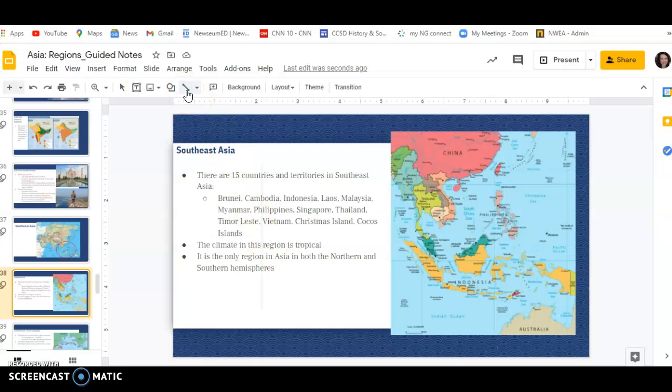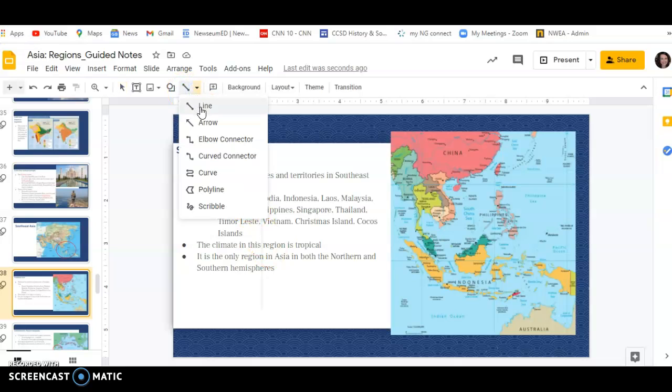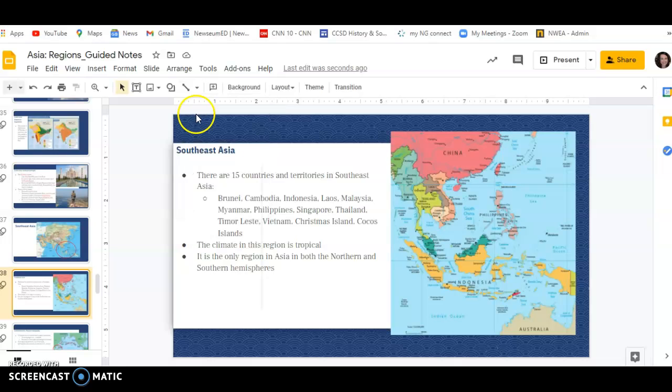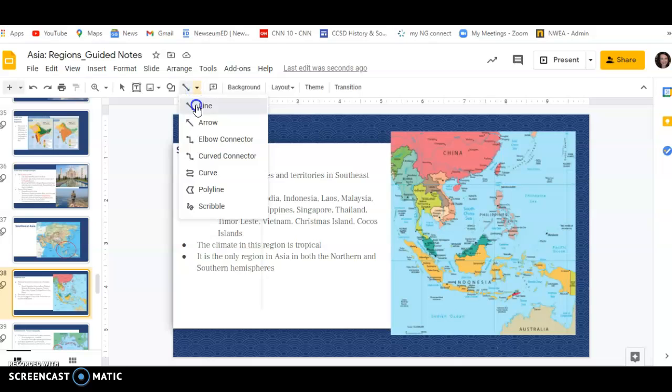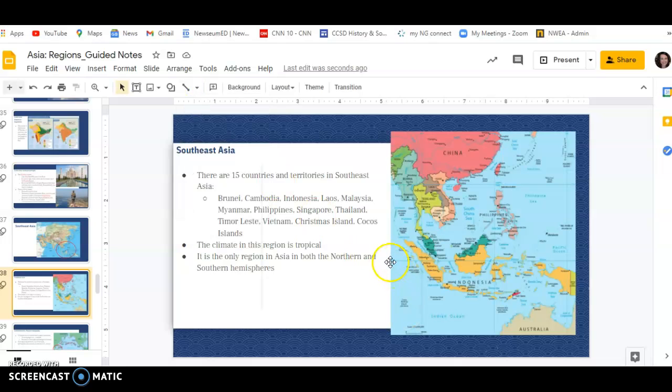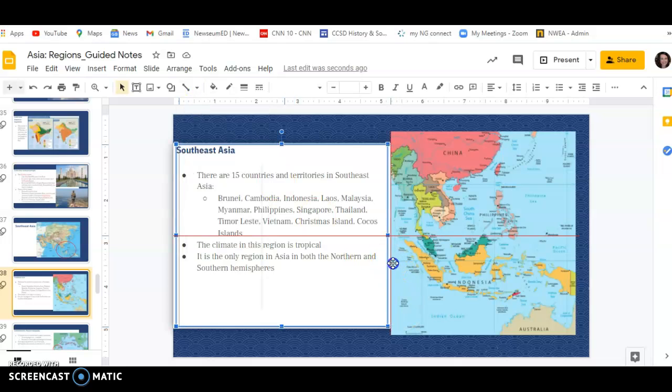If you're the kind of person who benefits from seeing latitude and longitude lines and reminding yourself of where the equator is, go ahead and draw a line. Draw a line right here.